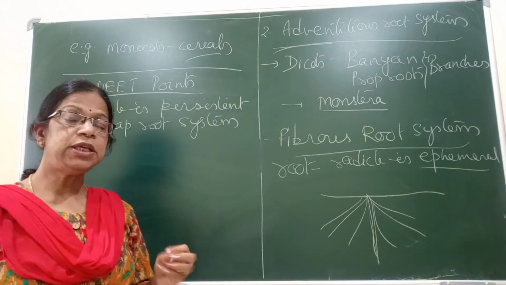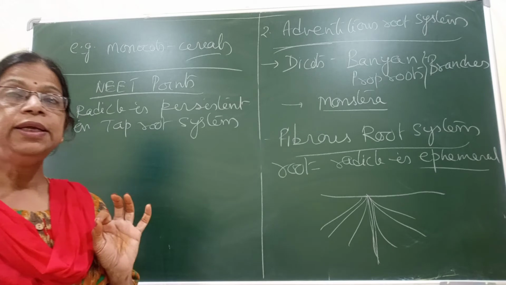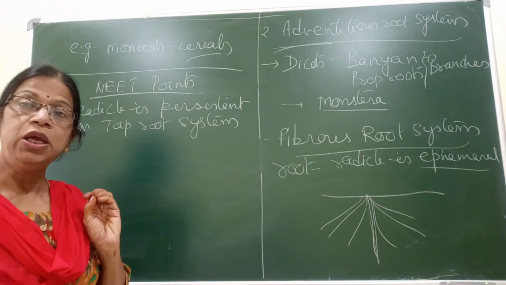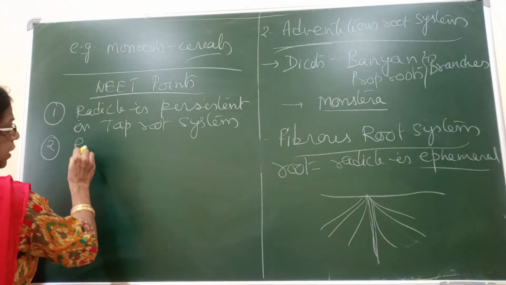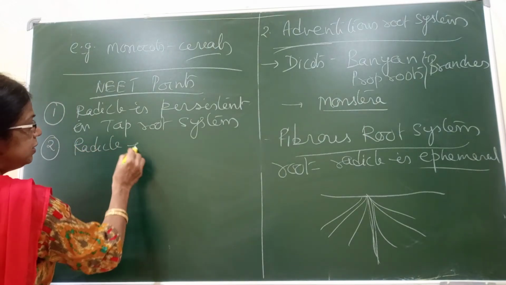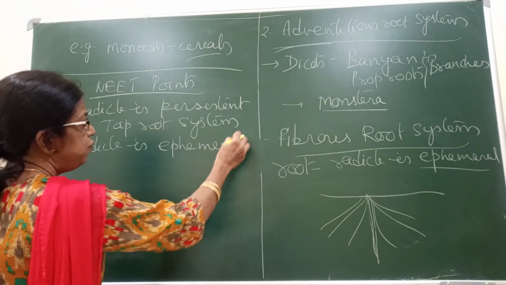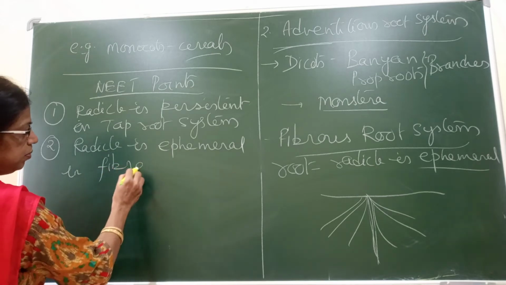That means it remains along with the root system. So it is persistent with taproot system. How is it persistent? In the form of primary root. Now, next point: radical is ephemeral in fibrous root system.